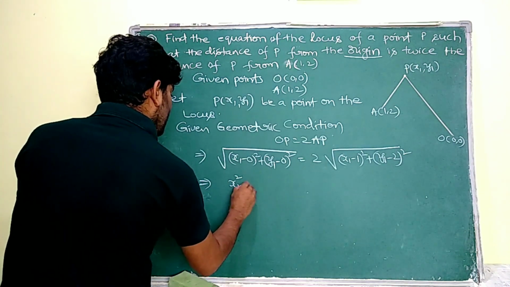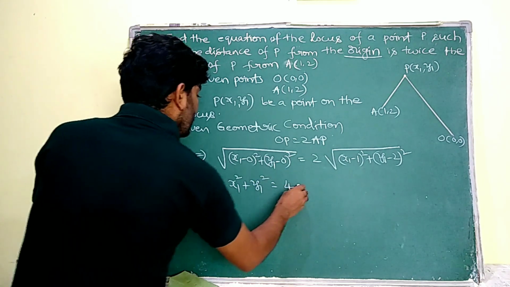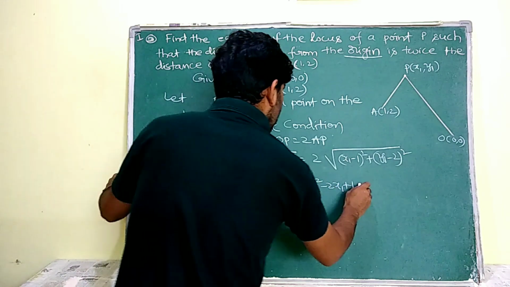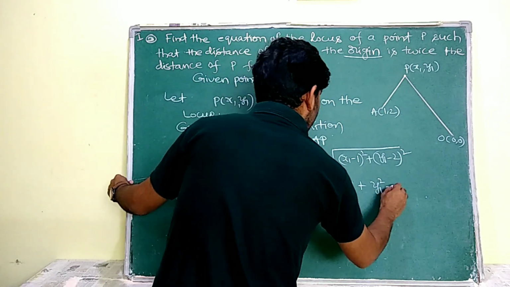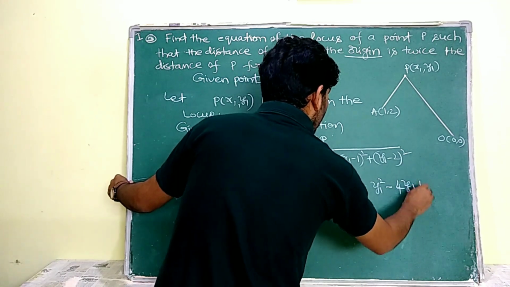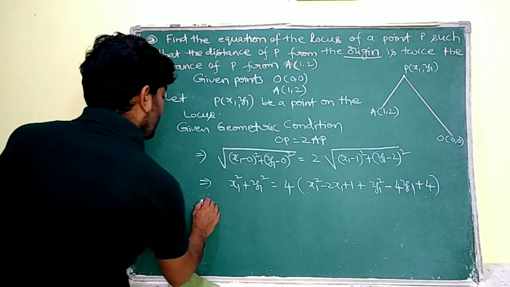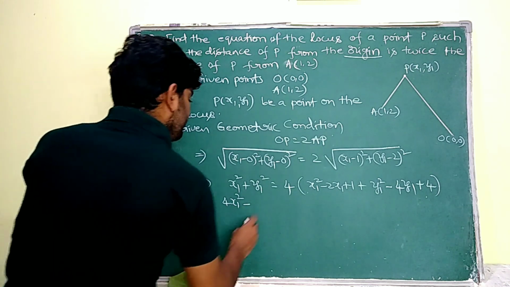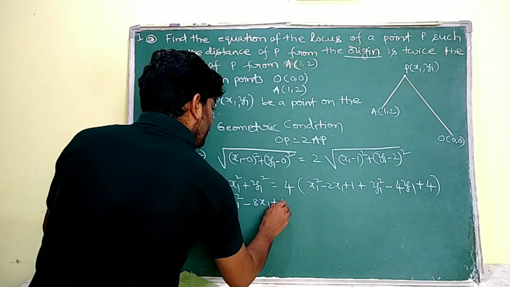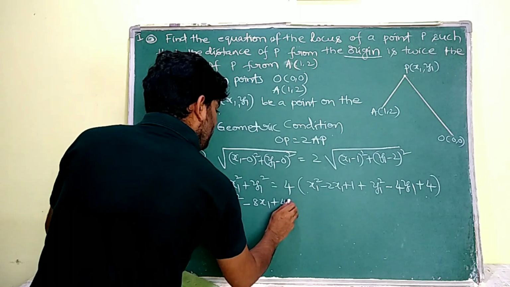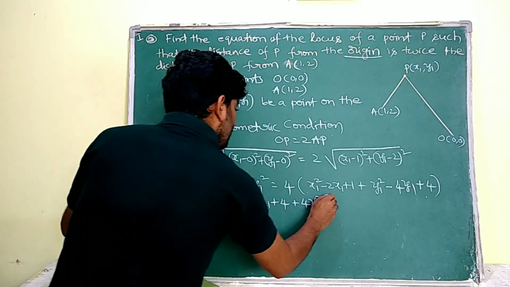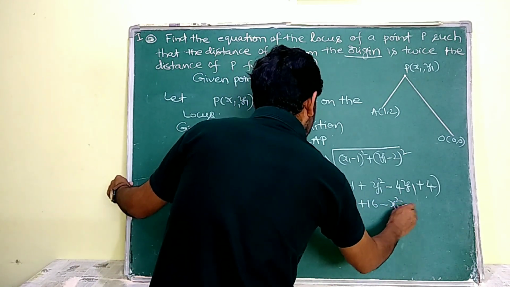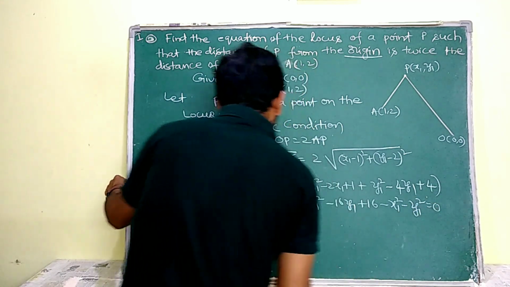So x1 square plus y1 square is equal to 4 into x1 square minus 2x1 plus 1 plus y1 square minus 4y1 plus 4. Now send all these values to that side. Now 4x1 square minus 8x1 plus 4 plus 4y1 square minus 16y1 plus 16 minus x1 square minus y1 square is equal to 0.